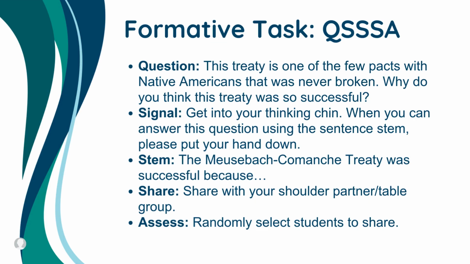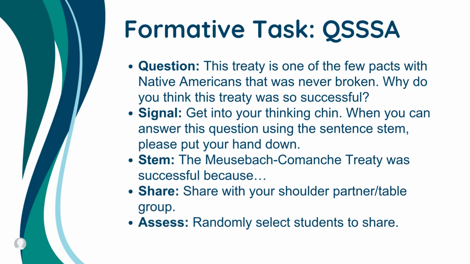They'll first share their answer with a shoulder partner or their table group. You can choose which one. This builds confidence, allows them to hear what other students think, and to articulate their thoughts in a supportive environment. And then you'll randomly select some students to share their insights with the whole class.